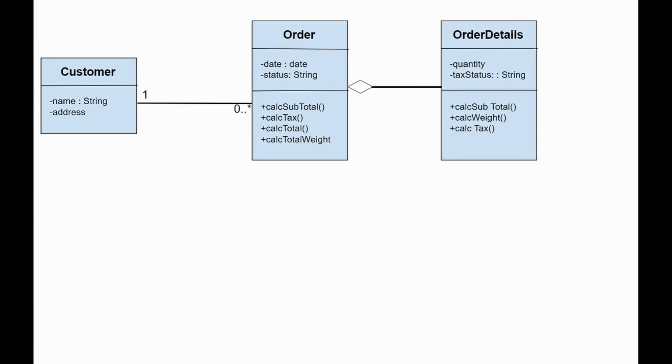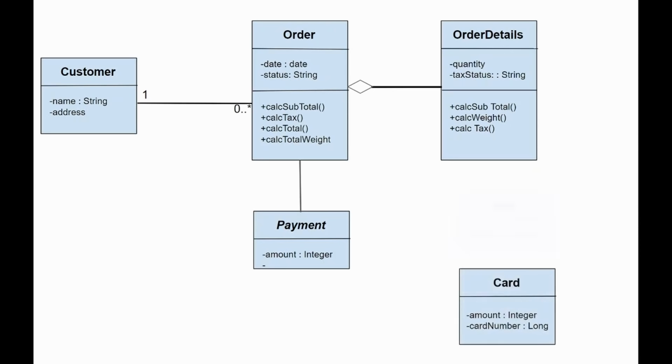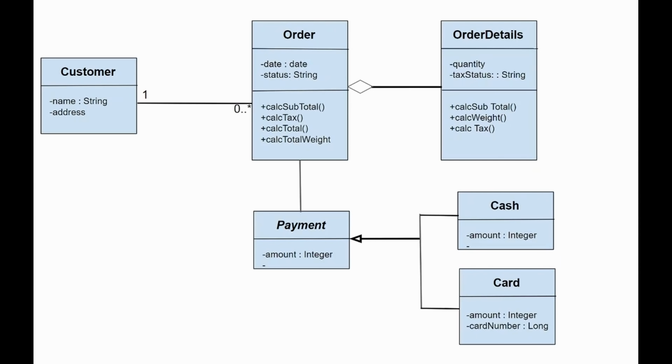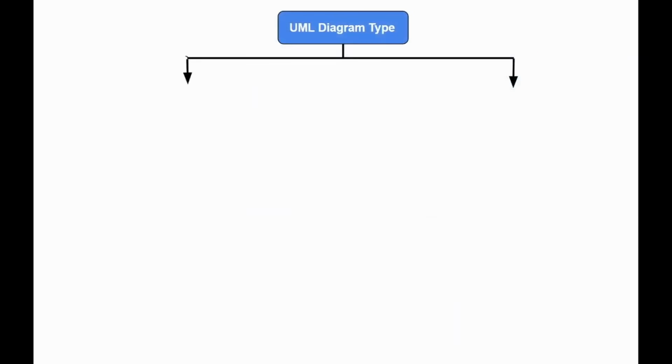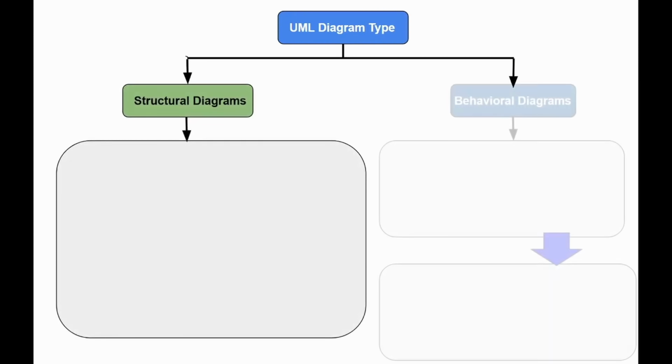UML has been designed for a wide range of applications, hence it provides constructs for a wide variety of systems and activities. For example, distributed systems, analysis, system design, and deployment. UML diagrams can be divided into two main types, structure diagrams and behavior diagrams.